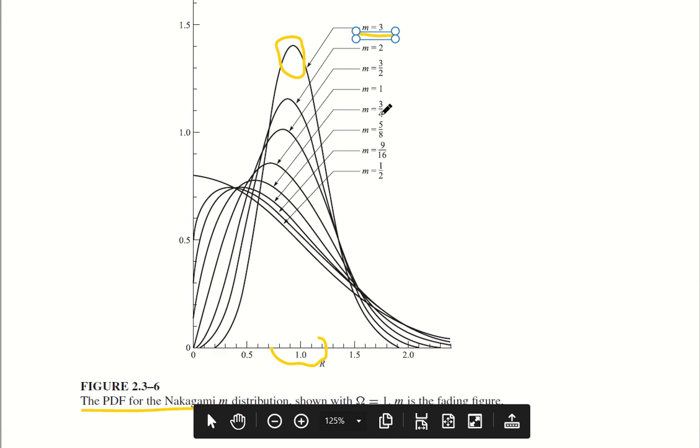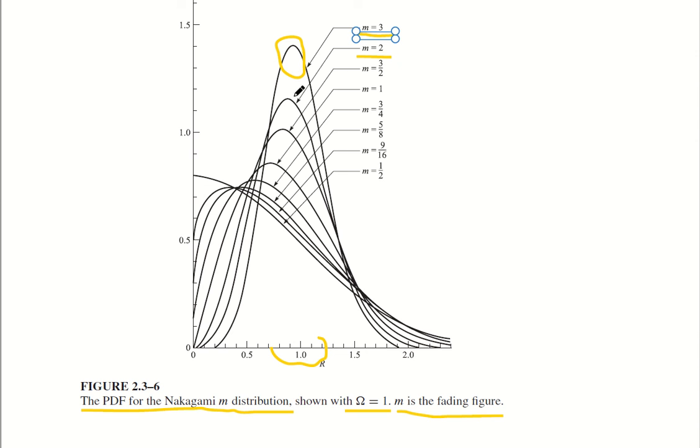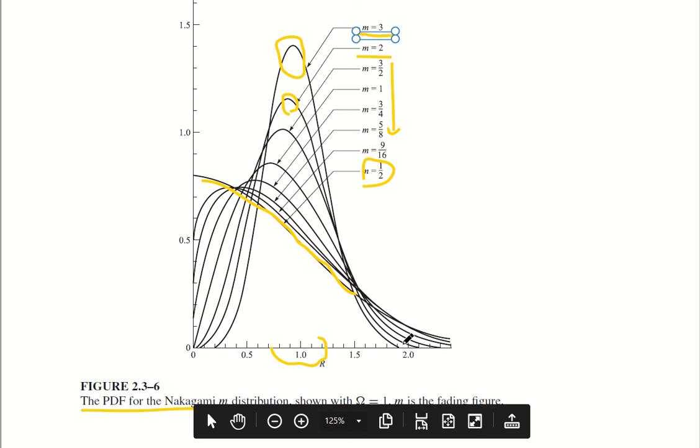And let's see, if you have m equal to 2, then you're going to have concentration a bit, but not as much as 3. And all the way down, if you take a look at this, wow, it's distributed more widespread, right?